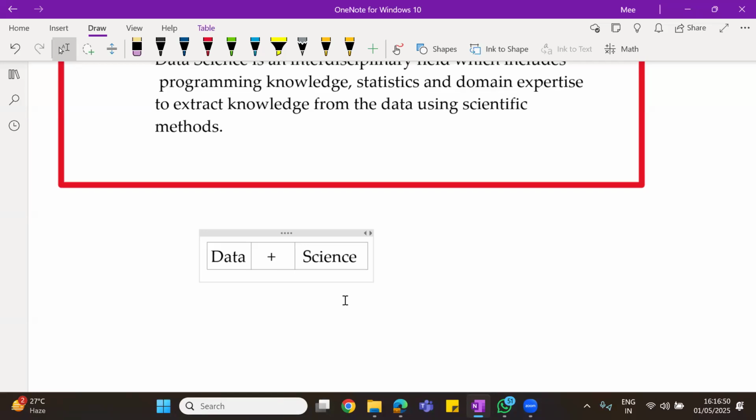You are doing a very, very detailed study in one particular sector. That is called science, whatever the sector may be.